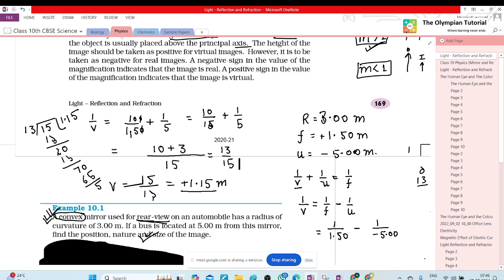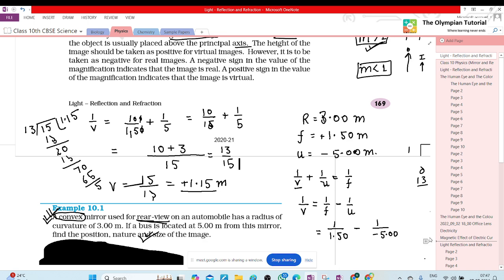Yes, because in case of convex mirror, the image is always diminished, positive. So by seeing the value, we will. In case of concave mirror, we have only the last condition, in which the image is virtual, but in the last condition, magnification will be more than 1. Are you getting the point?